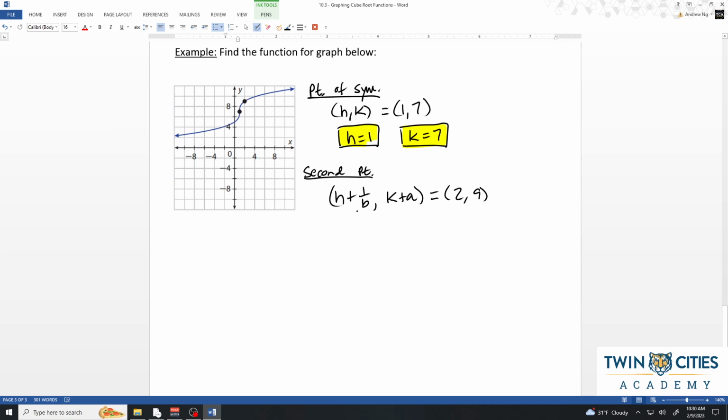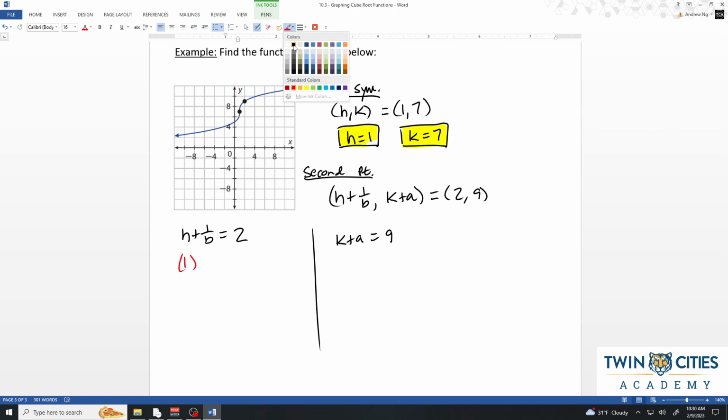So now what I'm going to do is left equals left, right equals right. H plus 1 over b equals 2. And then I've also got k plus a equals 9. Okay, let's plug in what we have. H is 1. So this will be 1 plus 1 over b equals 2. Subtract 1 from both sides.